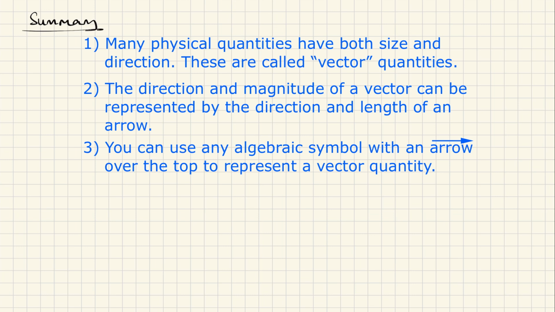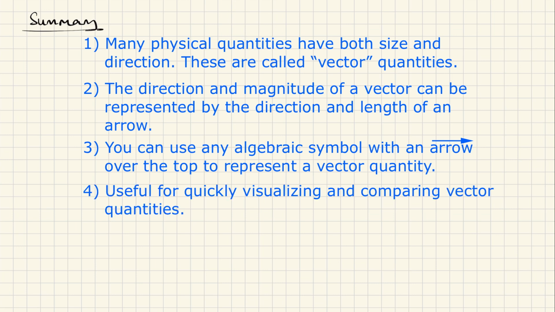Third, we can also use algebraic symbols to represent vectors, but in order to make sure that we know that these are vectors and not scalars, we add a little arrow over the top as a reminder. And finally, graphical representations of vectors can be used to visually compare two vectors. We can really easily tell just from these representations whether two vectors are going in the same direction or have similar sizes just by comparing the graphical representation of the vector.